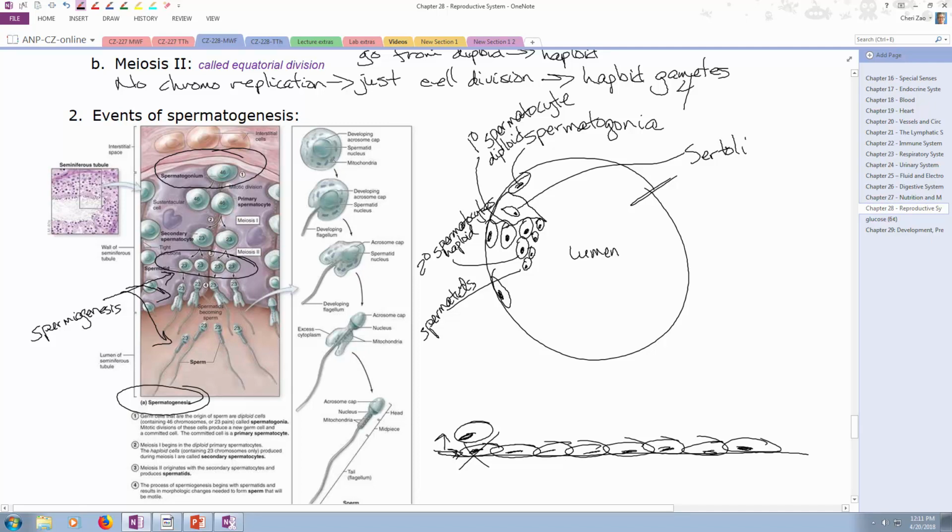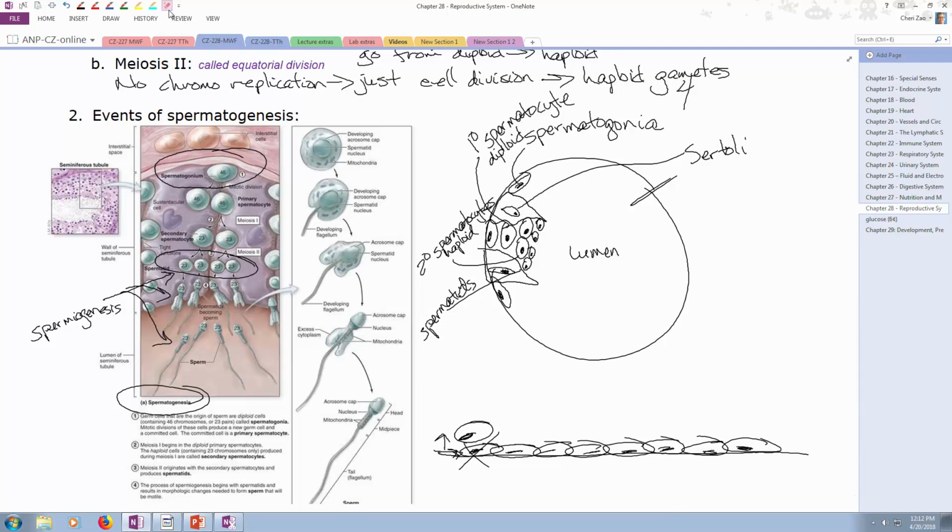So in between all of these spermatogonia are these Sertoli cells, and these guys are going to be exceedingly important for the integrity of the seminiferous tubule, as well as its contents, as well as spermatogenesis. These guys are in charge of that entire process, even though we're going to talk about the hormonal aspect that's actually necessary for this.